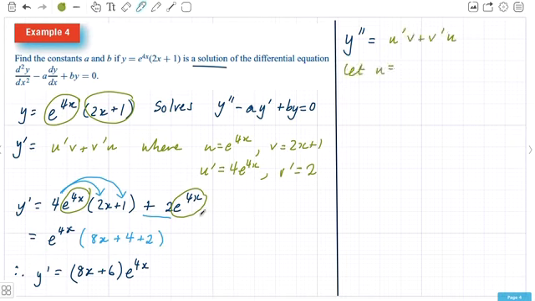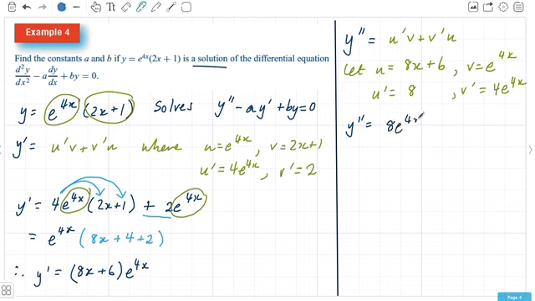I'm going to let u equal the linear part this time, just to show it doesn't matter what order you do this in. v = e^(4x), u' = 8, v' = 4e^(4x). So we get the second derivative equals 8e^(4x) plus 4e^(4x) outside of (8x + 6).